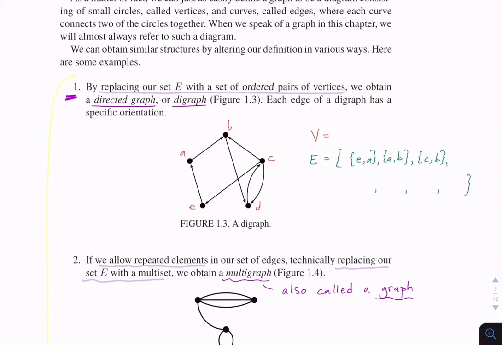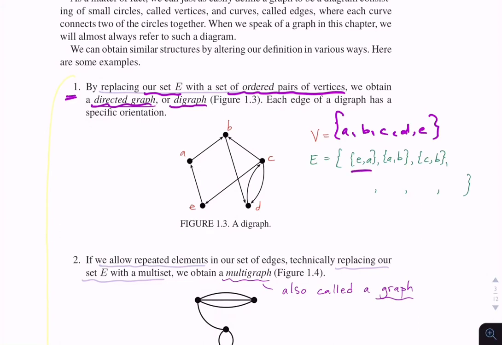Instead of having a set of unordered pairs of vertices, we can consider a set of ordered pairs of vertices. So if we have vertices plus these ordered edges, we get what's called a directed graph or digraph. In this example, the vertices are A, B, C, D, and E, and we have 7 edges.